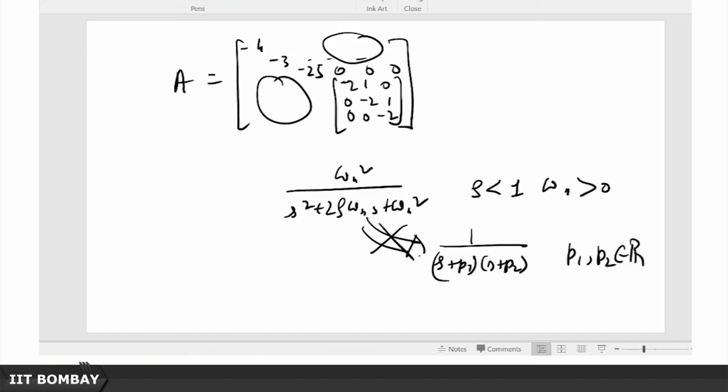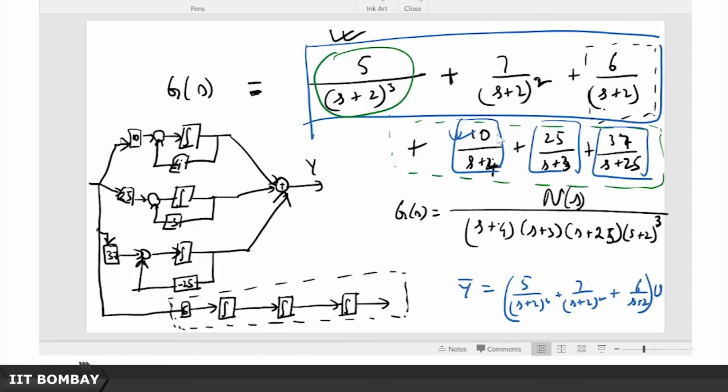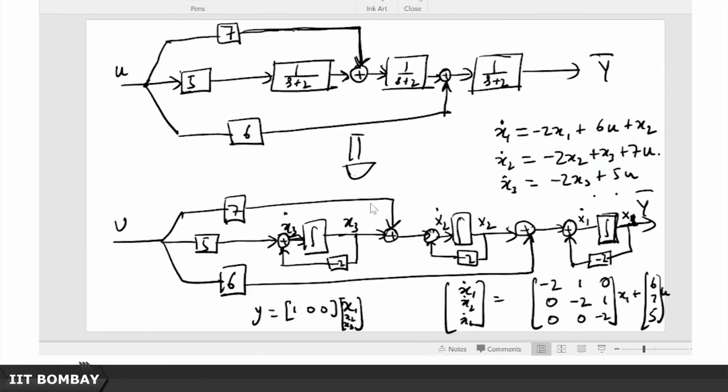You cannot go from this transfer function to this, and if you cannot factorize it like this, then you cannot split it up into diagonal blocks even if the roots are not equal. So we earlier saw that one defect is even if roots are real, if there are repeated poles in the transfer function, then you cannot diagonalize it. So then you go for this sort of a combination of the parallel and series, whereby we get the Jordan form.